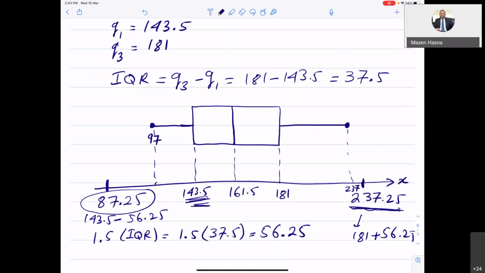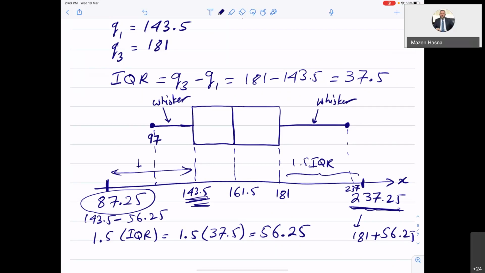Those are what we call whiskers. Again, the whisker is just a line that extends from the box all the way to the largest point within 1.5 IQR, and also on the other side within 1.5 IQR. You have to establish those ranges, and then you plot the whisker all the way to the point that is in that range.